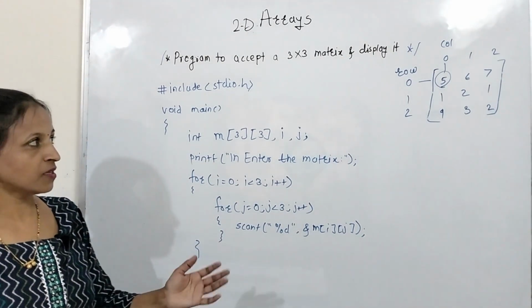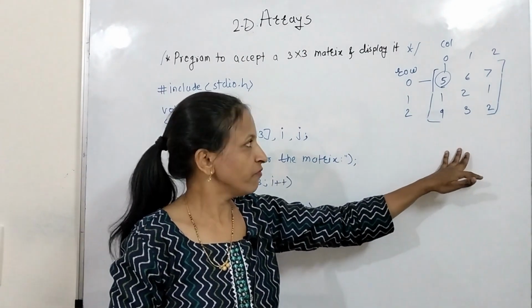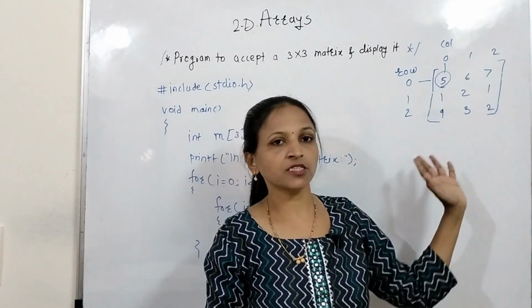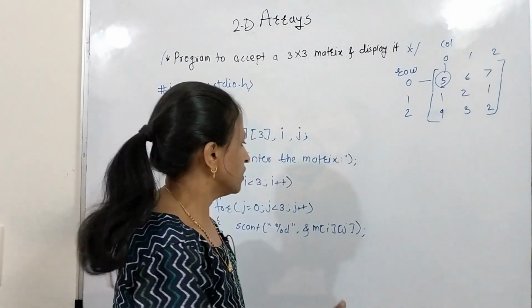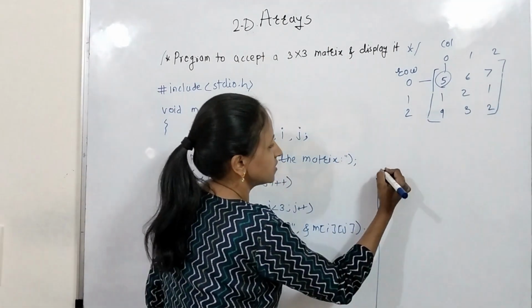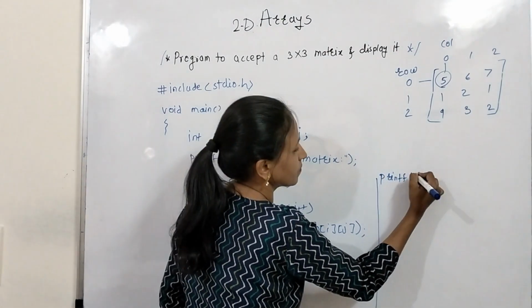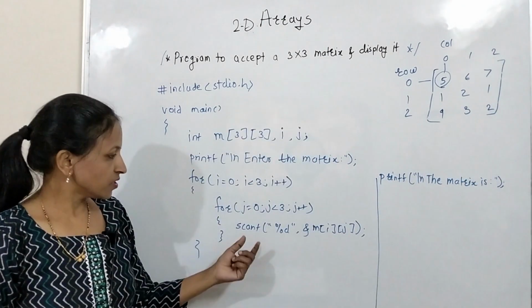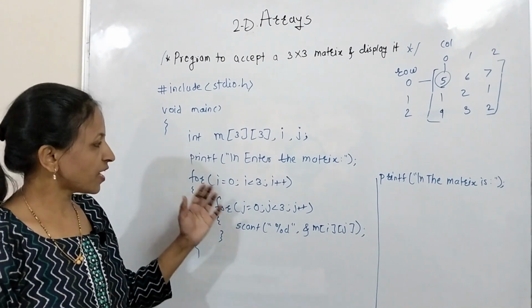Now we have to display the matrix in this way only. We cannot place this symbol, but we can display the matrix row wise properly. How? See, first, this scanf statement will execute 9 times.